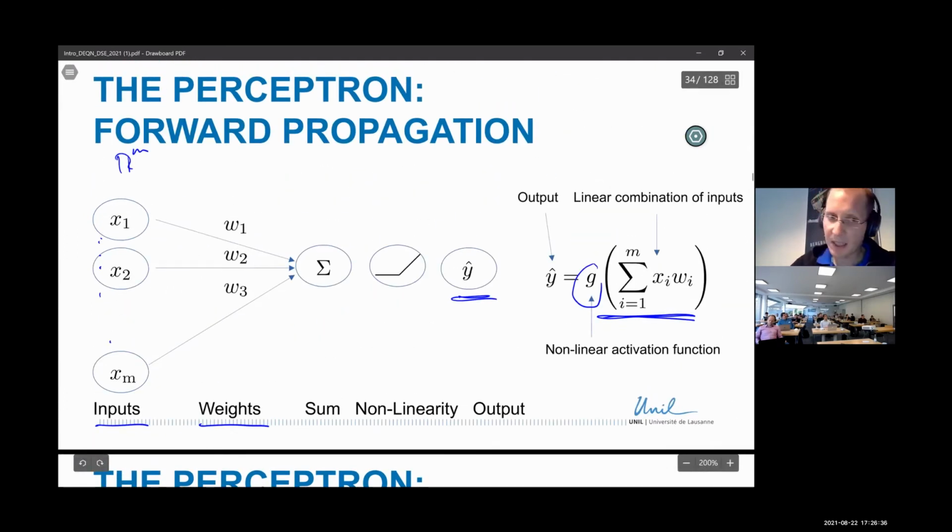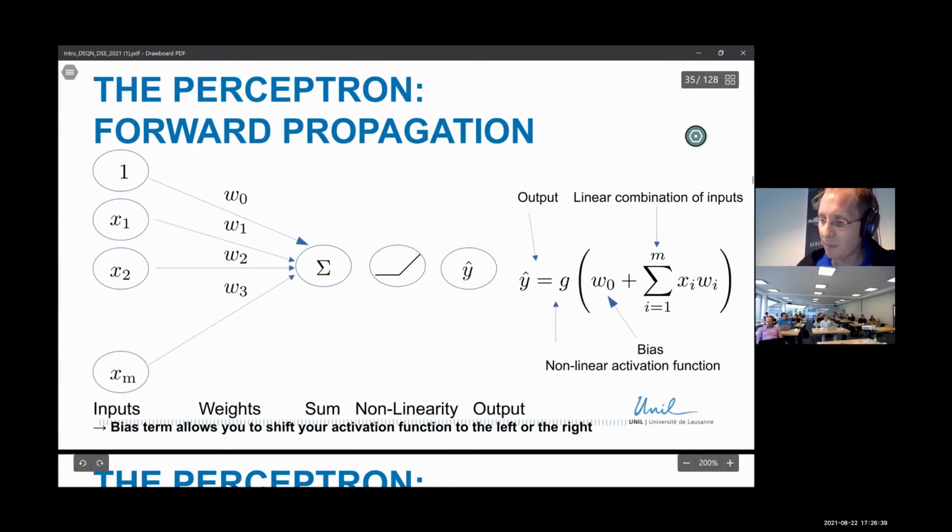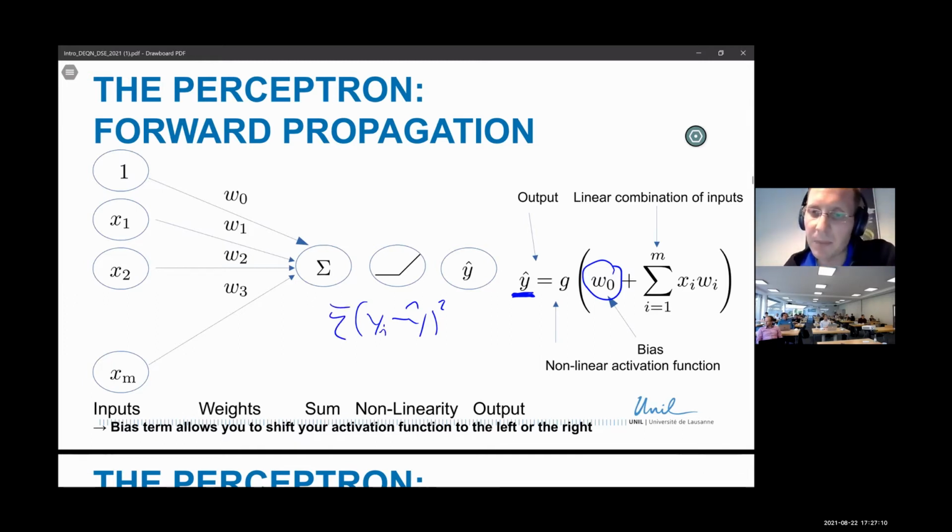And now there's something missing here, namely the so-called bias term. This just allows you to shift this function to the left or the right. But at this point, there's not much difference to any function approximator. So it's just like I have y hat, and you could imagine y minus y hat squared, something like that, would yield me the optimal parameters. But anyway, I have this weighted sum, this nonlinearity.